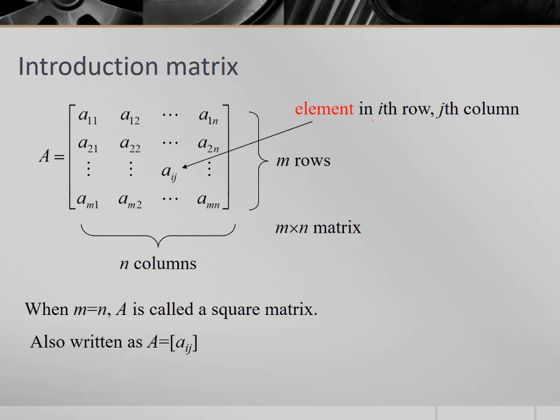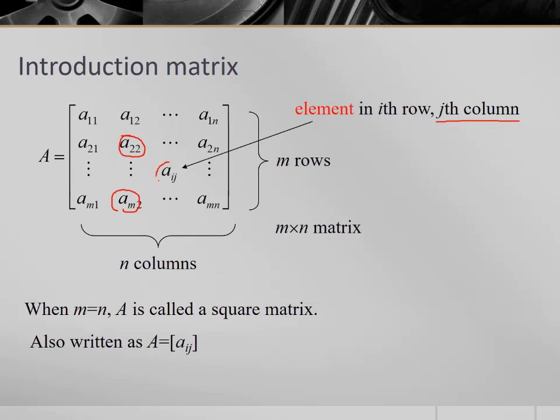That means it is in the ith row and the jth column. For example, A22 means this element is in the second row, second column. For this one, it is in the nth row and the second column.